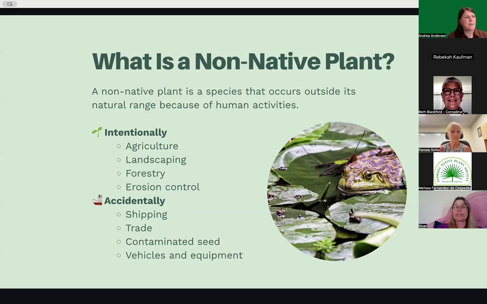But you know, sometimes seeds will hitchhike in contaminated seed mixes, on vehicles and equipment, on shipping containers. But the point is that this is human activity, not necessarily natural dispersal, what makes these species non-native to a particular region. And so let's move on.